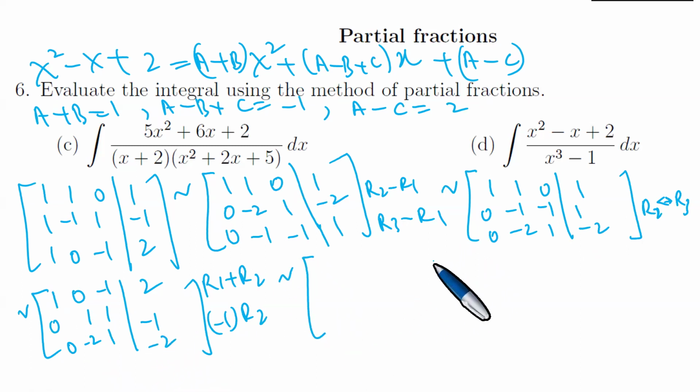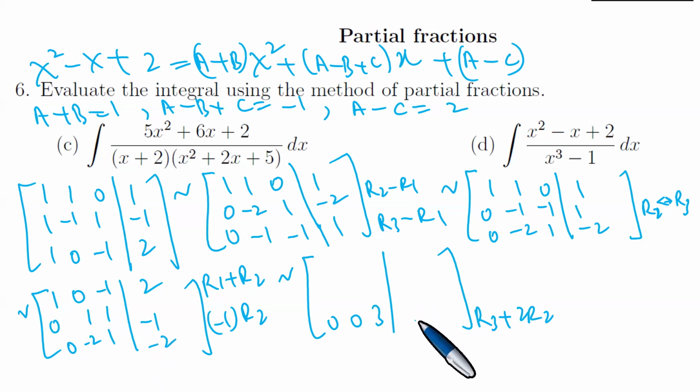Moving forward, it's going to be row 3 plus 2 times row 2. You multiply row 2 by 2 and you add, you get a 3, and you get a minus 4. Therefore this is going to be minus 4 over 3.